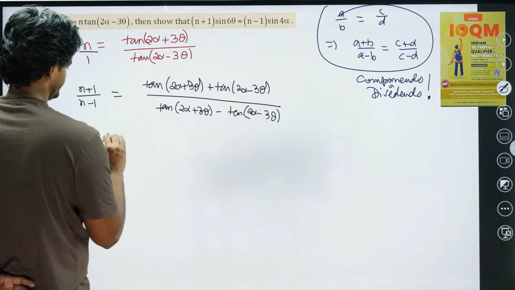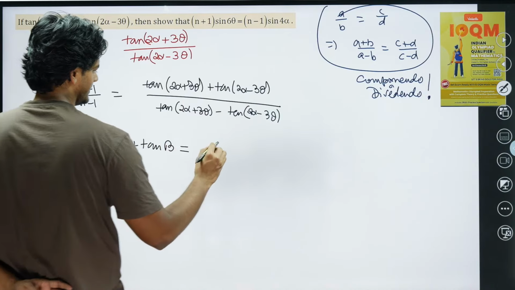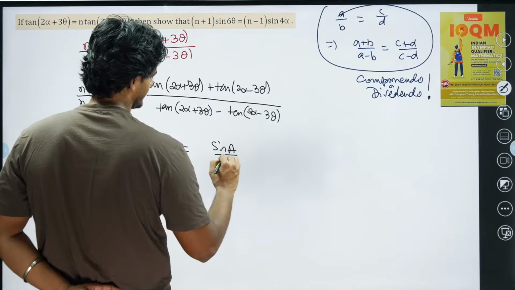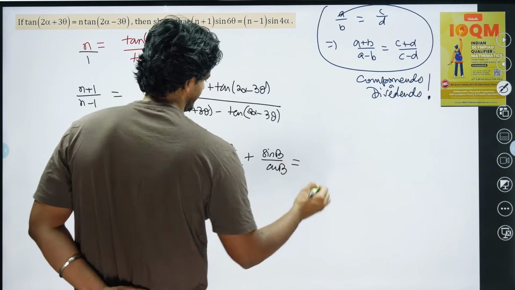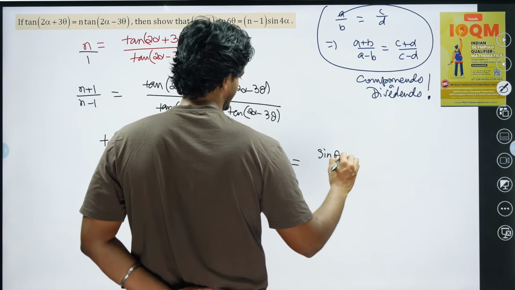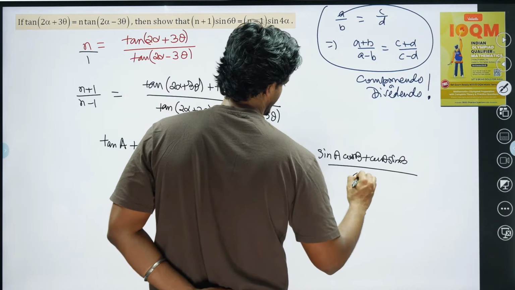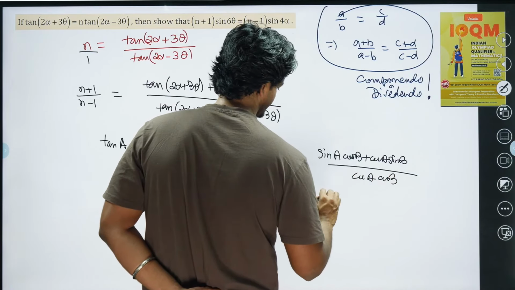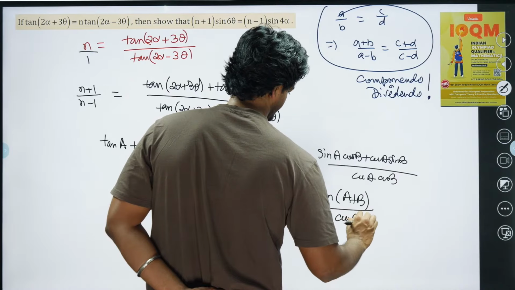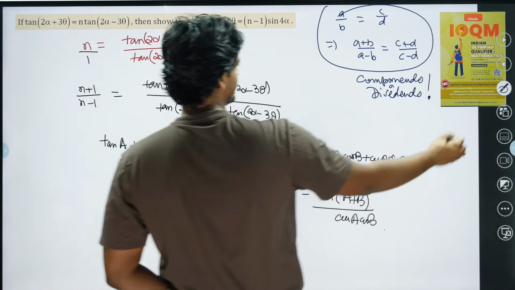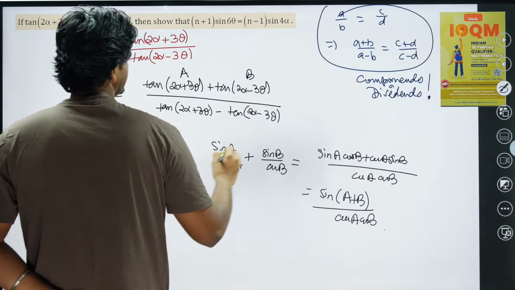You see, tan A plus tan B, it is sin A by cos A plus sin B by cos B. So it is always sin A cos B plus cos A sin B by cos A cos B. So this is always sin of A plus B by cos A cos B.